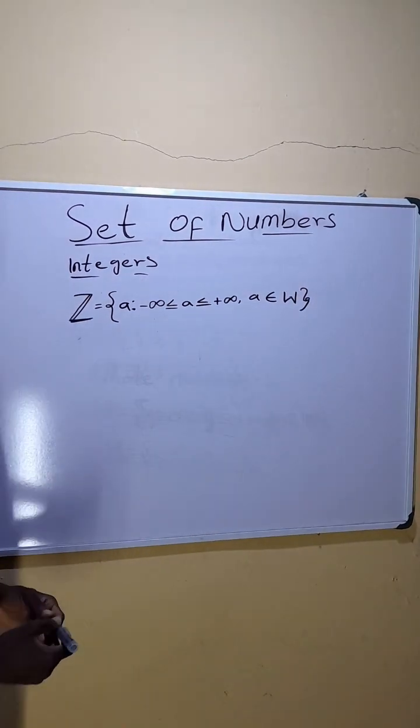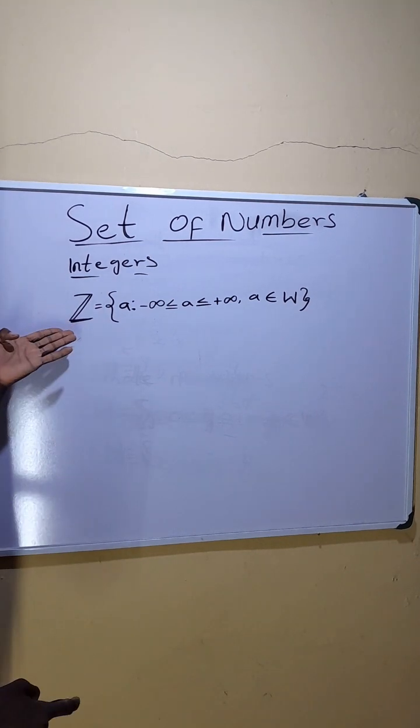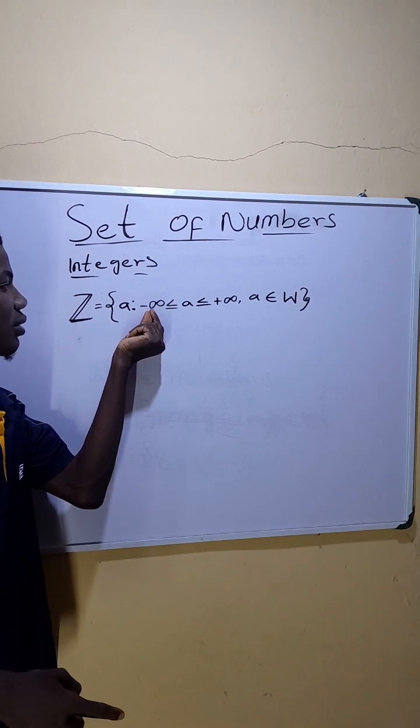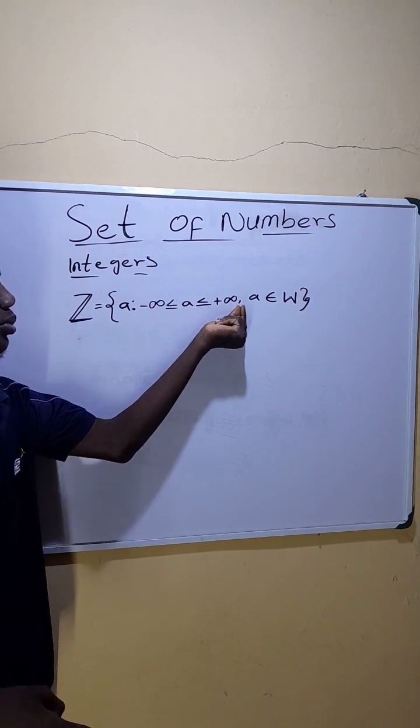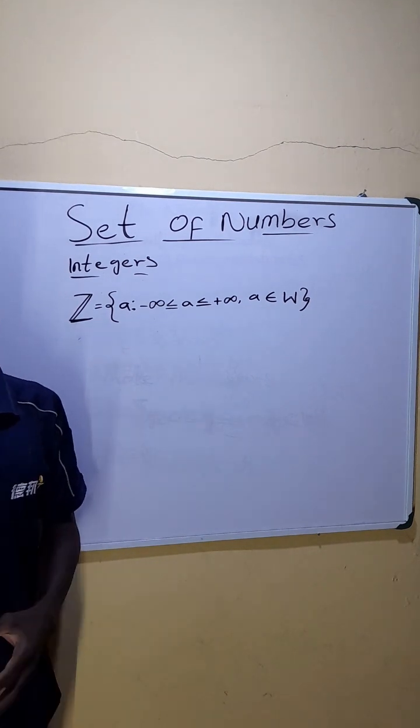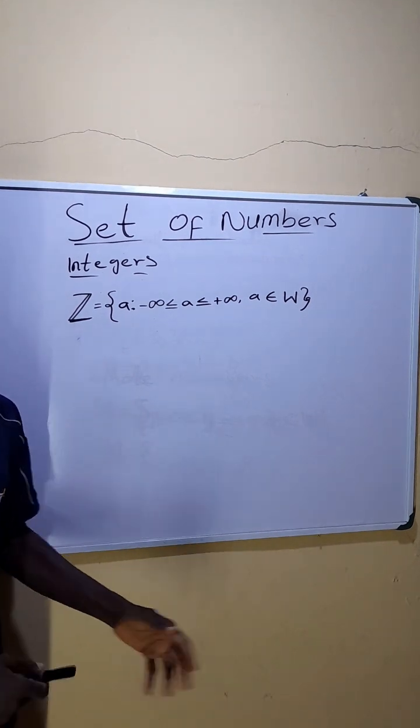A must come from whole numbers. So this integer, you can see now from negative infinity to positive infinity. So integer contains both negative numbers and positive numbers.